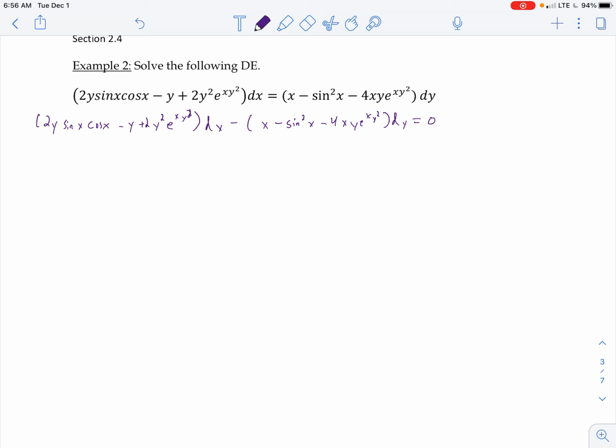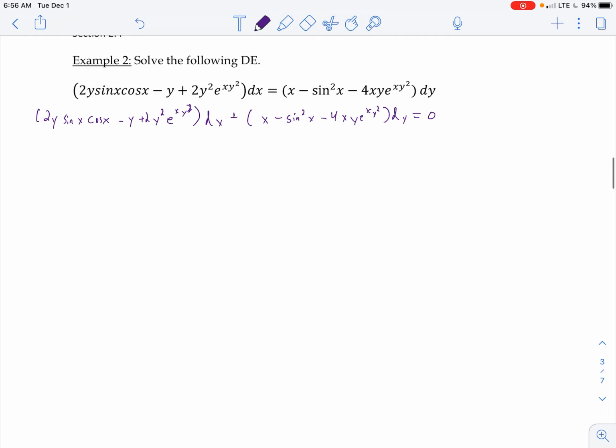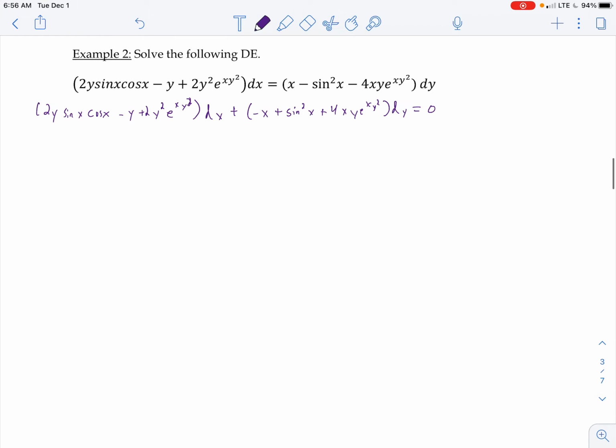The thing, though, is in the form it had to be addition, so I'm just going to distribute the negative so I can make it plus. Negative, plus, plus. All right, and so there is my differential equation.